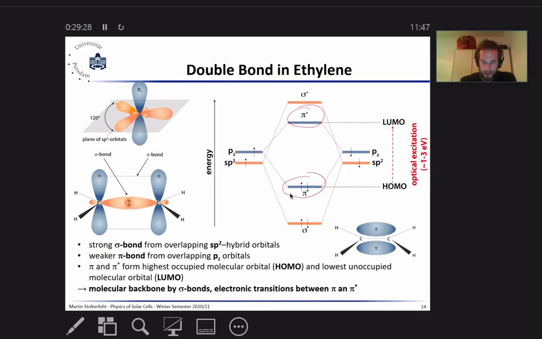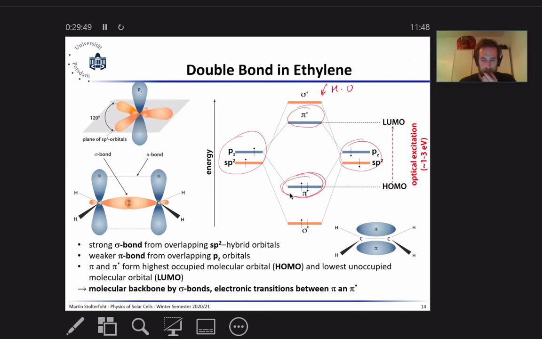So, in my understanding, the pi bond would contribute to the bonding if it's occupied here. So this again, you see the atomic orbitals, and then they form together these molecular orbitals.